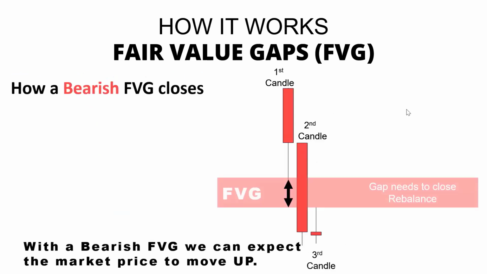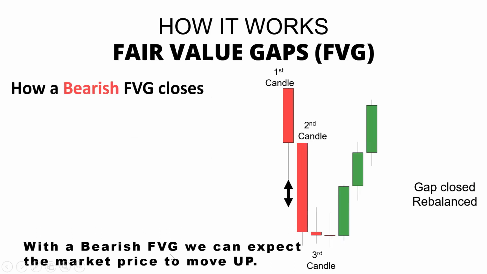Does the fair value gap work on all time frames? Yes, they do work on all time frames. We do see 1-minute charts working, 5-minute charts, and 15-minute charts. With a bearish fair value gap, we can expect the market price to move up. So you can see there's a first candle, the second candle, there is an impulse second candle.